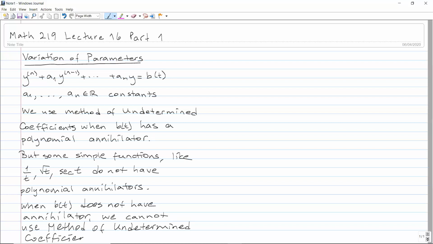What do we do then? If you remember back to systems, when we were considering non-homogeneous systems, we used the method of variation of parameters. So in this case, we use the method of variation of parameters.